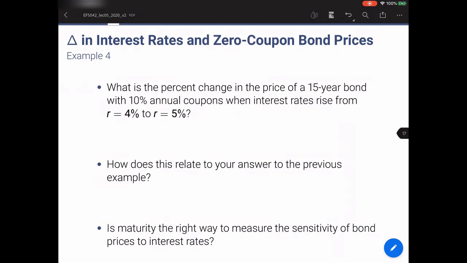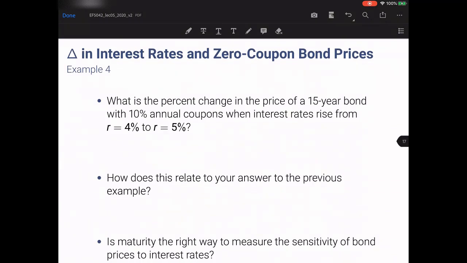Again, let's use P naught to indicate our initial price under the interest rate of 4%. If it's 10% annual coupon payments, we can just use the annuity formula.